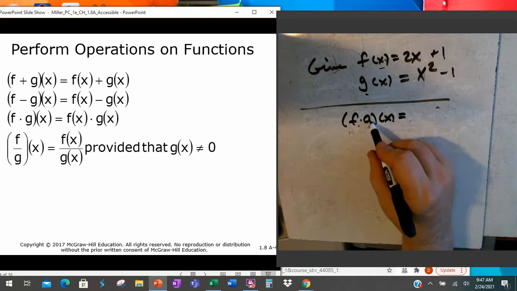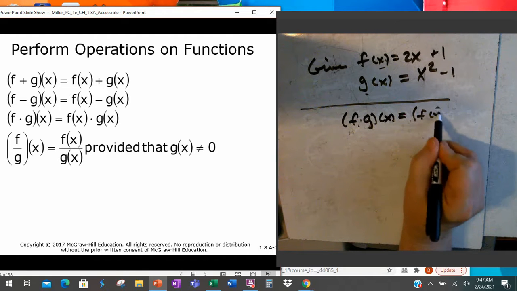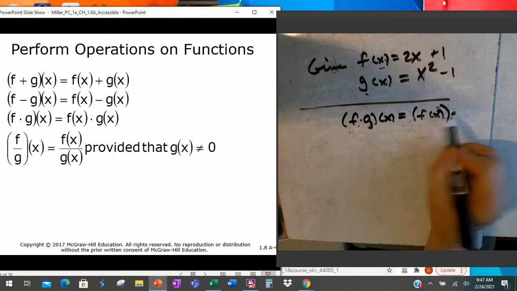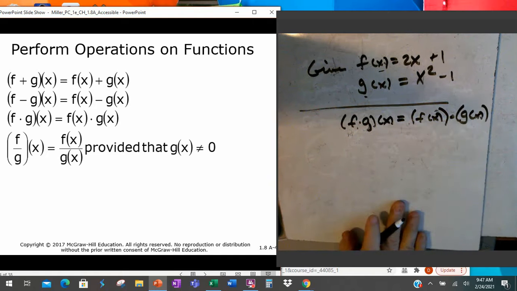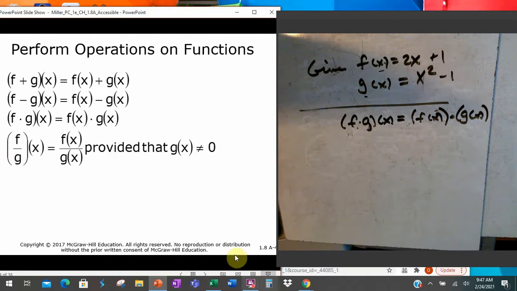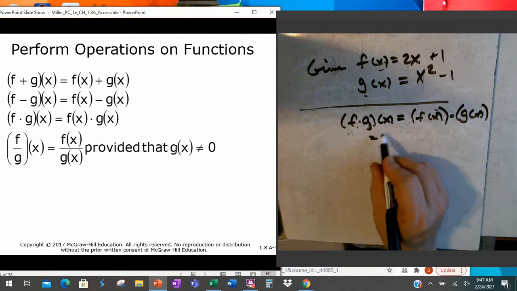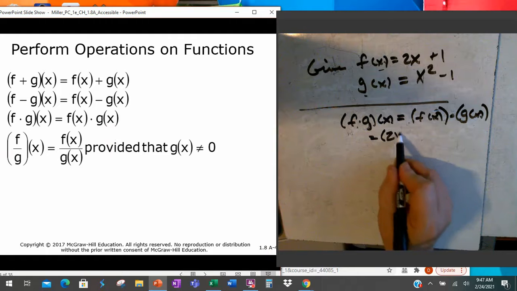So to form this new function from these two old, I just want to take f of x, and we'll put these in extra parentheses, times g of x. That's what that means, f of x times g of x. So for my example, it says take all of f of x, 2x plus 1.